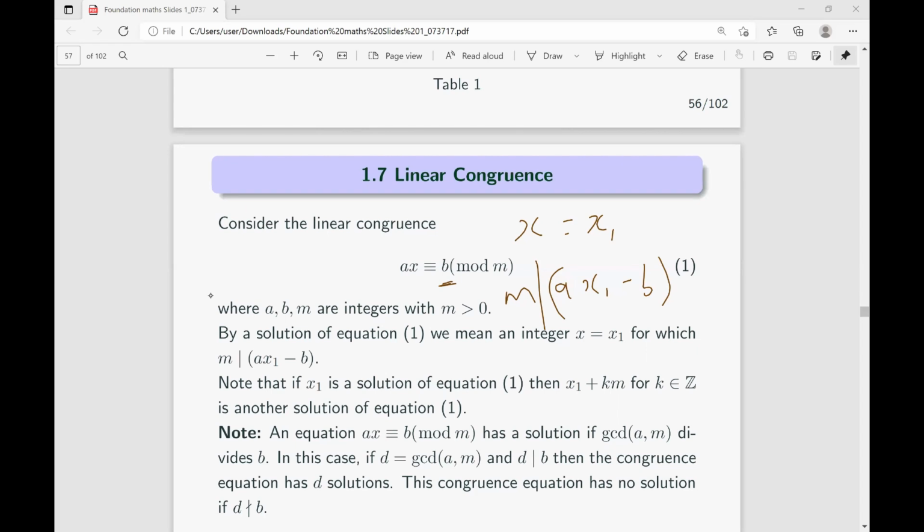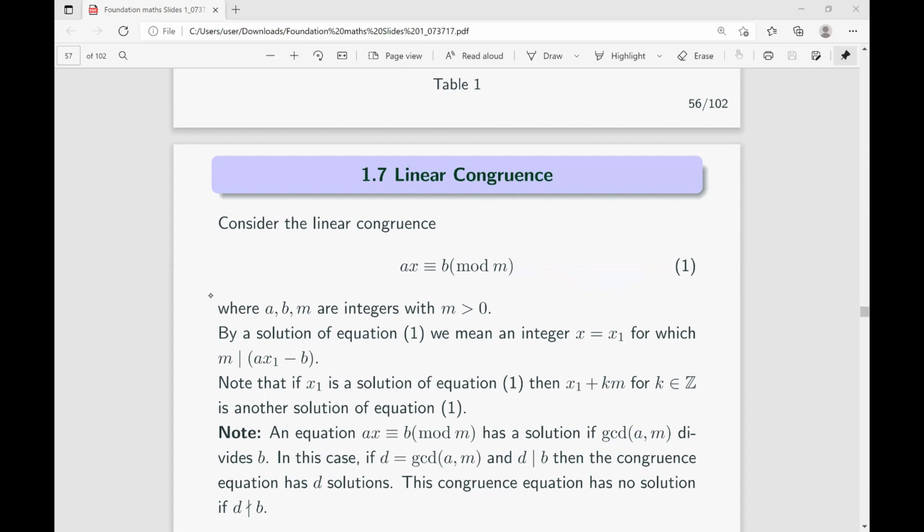Otherwise, it does not. That is a very important point, and we need to know it, because you can be given this equation and struggle to find a solution when the solution does not exist. So it's good to first find out, before you begin solving, whether it has a solution or not.